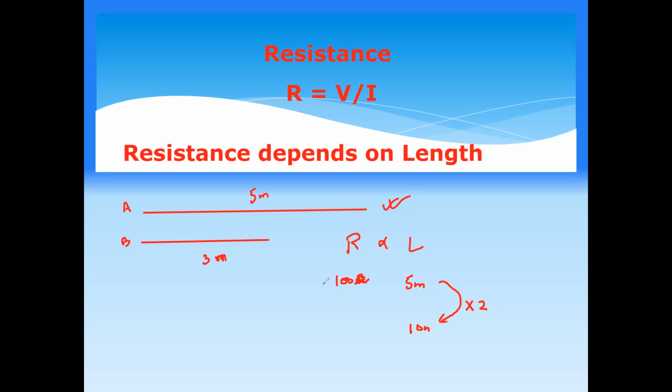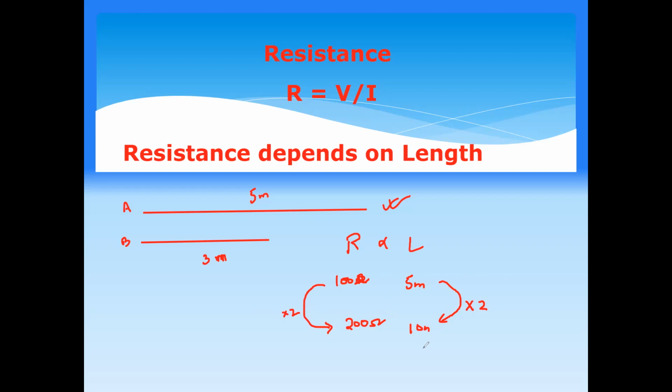So if the length becomes twice, the resistance will also be twice. If 5 meters has 100 ohms, then 10 meters will have 200 ohms.